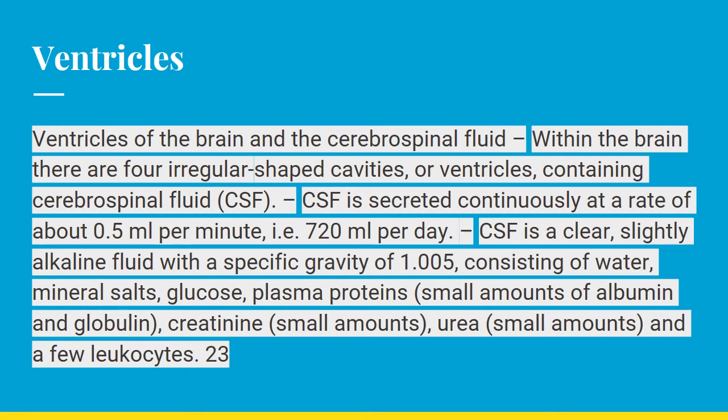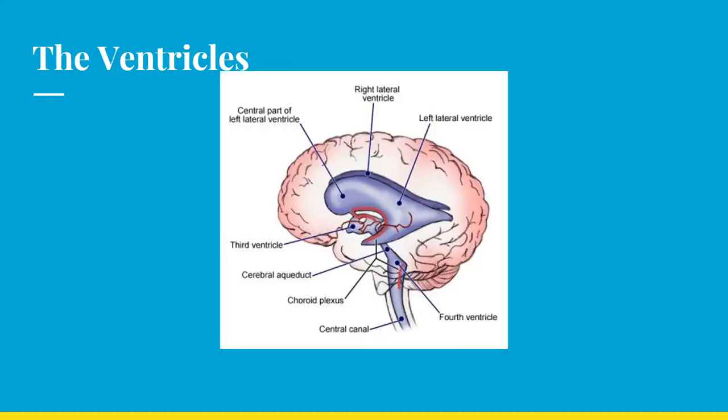It is secreted continuously at a rate of 0.5 milliliter per minute, and CSF is a clear, slightly alkaline fluid with a specific gravity of 1.005, consisting of water, mineral salts, glucose, plasma protein, creatinine, and urea. So this is the diagram of the ventricles showing the four different ventricles.